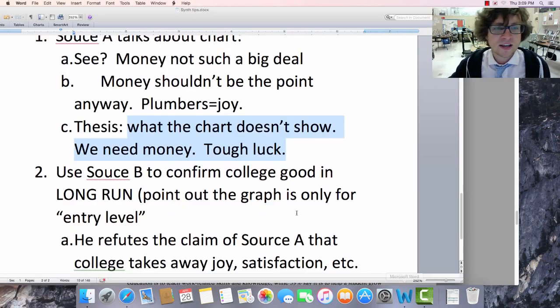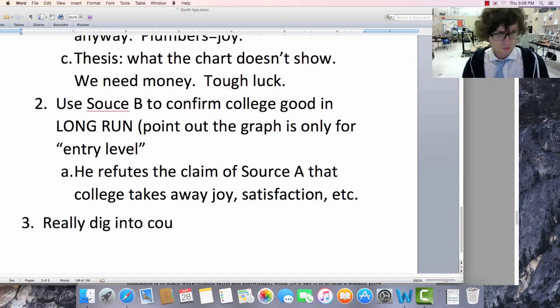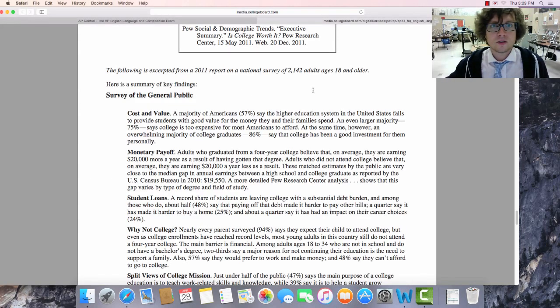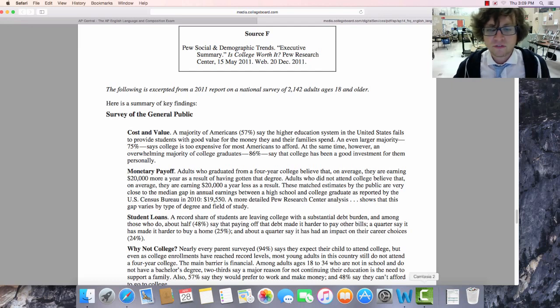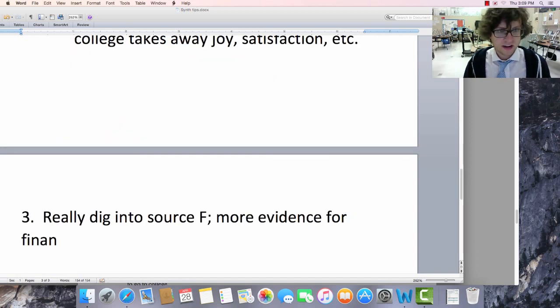So if I was writing my essay, I might go on to a third paragraph here, a third paragraph where I really dig into source E. This was source E, right? So, excuse me, source F. More evidence for financial gain.